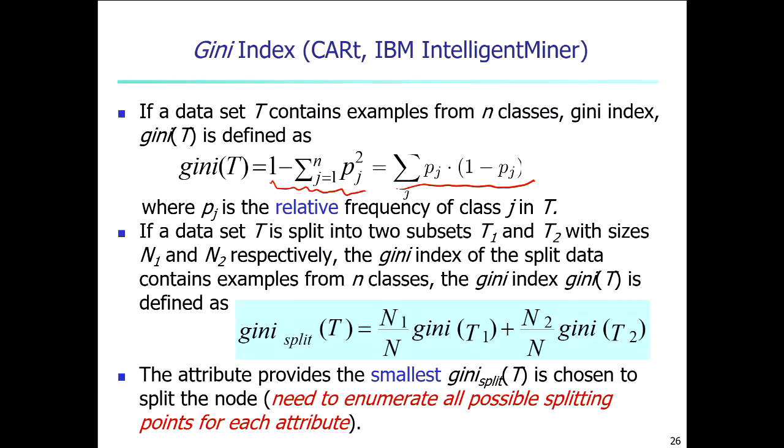So pj, again, is the same as we defined for information gain. So this pj is the probability that we randomly choose an element of a specific label.